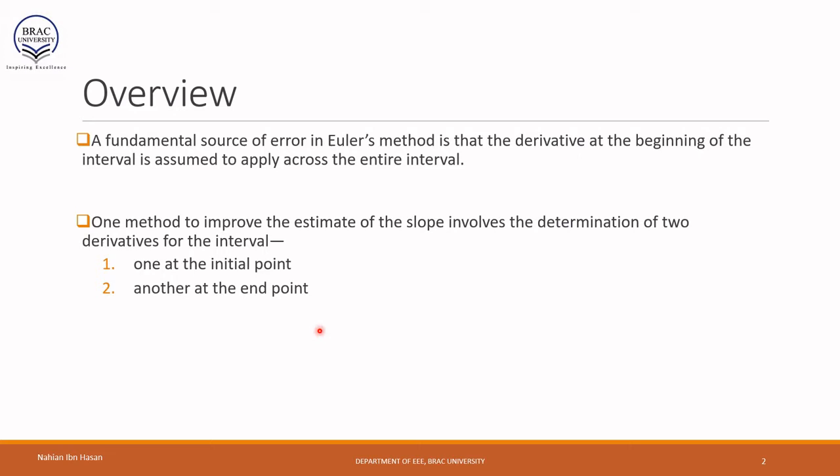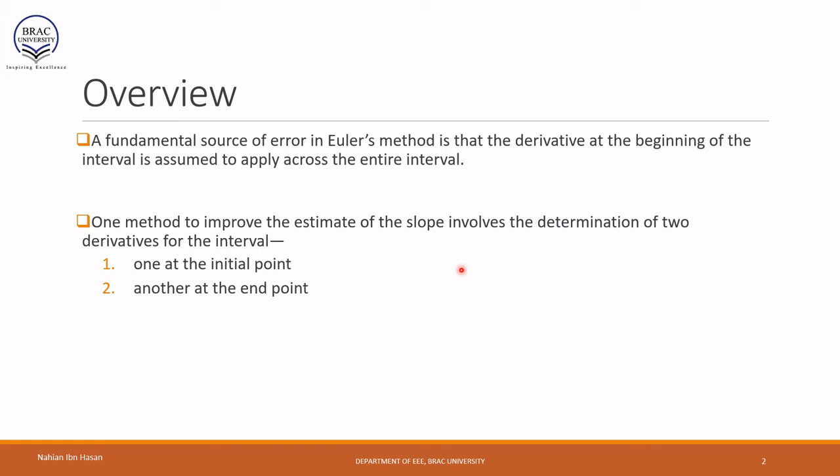So we are going to use two different results. One is the derivative result from the initial data point, and the other is the derivative result from the end data point. Within an interval we have two boundary points, the initial and the end data points.